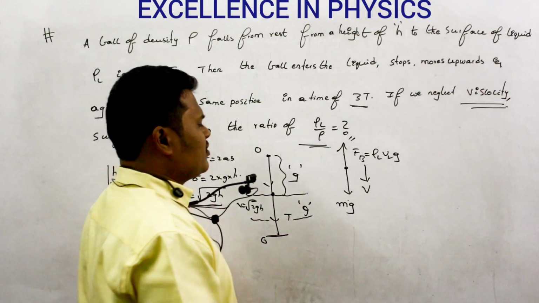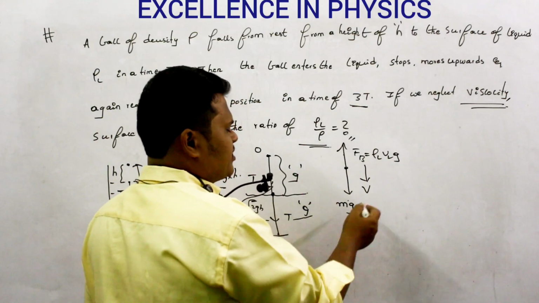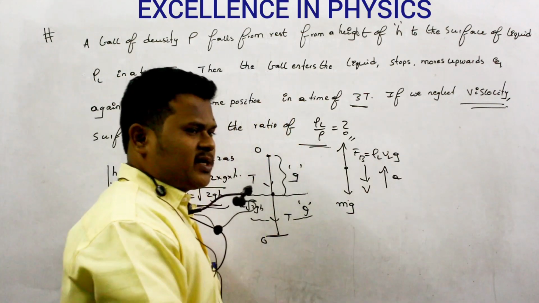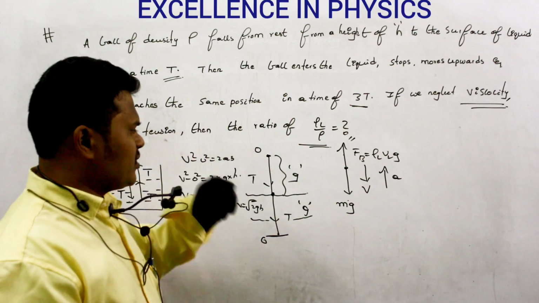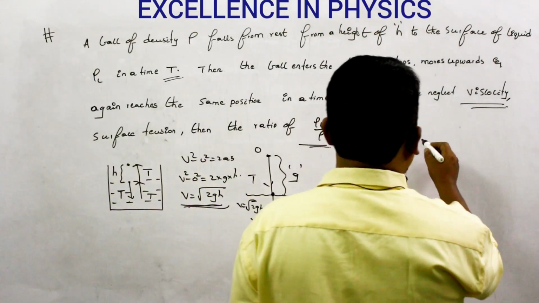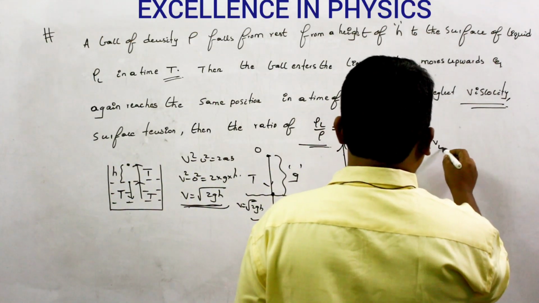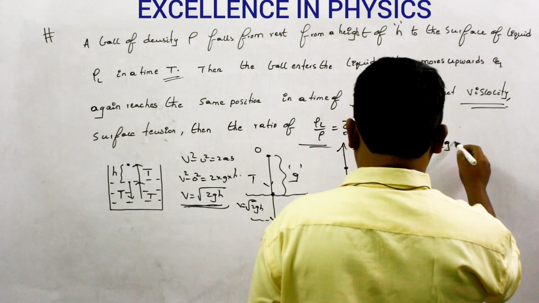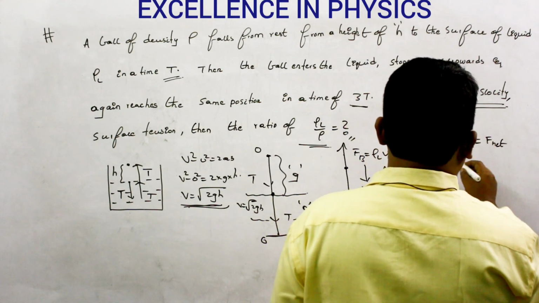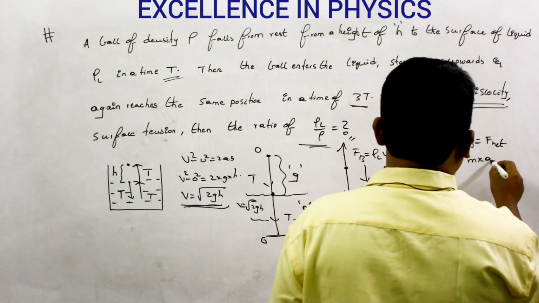So therefore, this is the velocity direction definitely, but the acceleration direction is upwards, because this is negative acceleration, or you can call it retardation. So what is the equation I can write? I can write rho L VL g minus mg is equal to F net, and net force is equal to mass into acceleration.